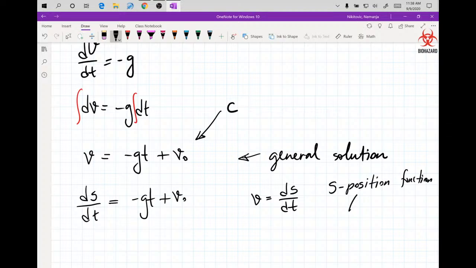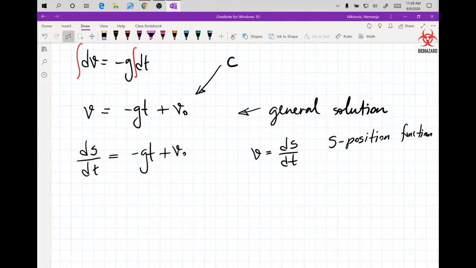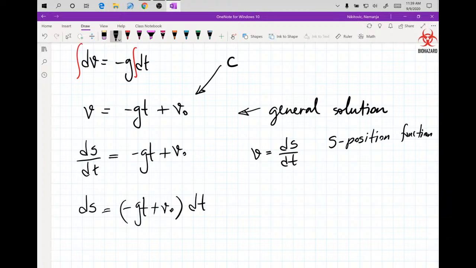It's clear that we're going to use S, right? Because it's in the word. We use separation of variables again, which is ds equals (negative gt plus v0) dt.